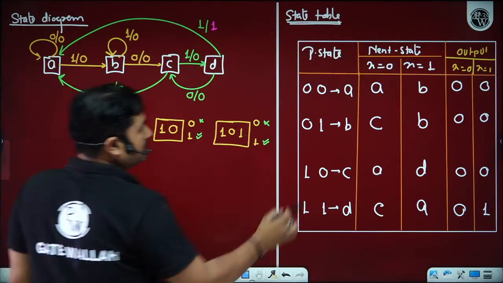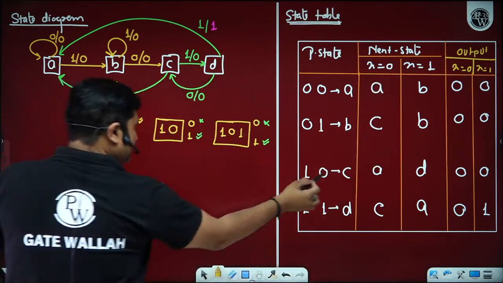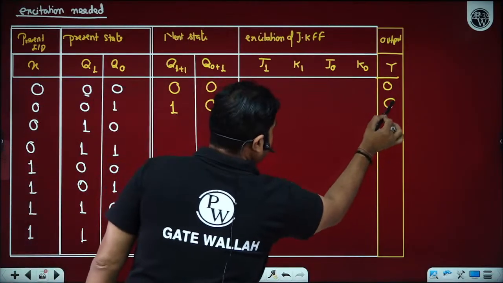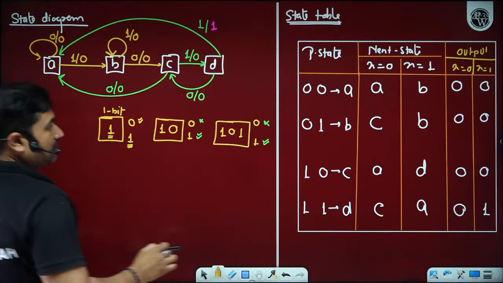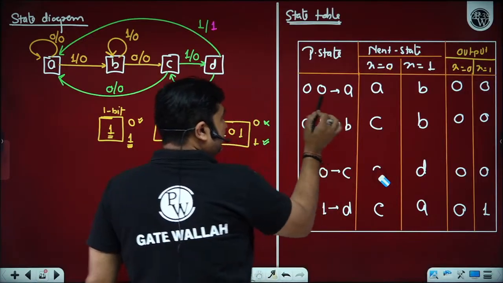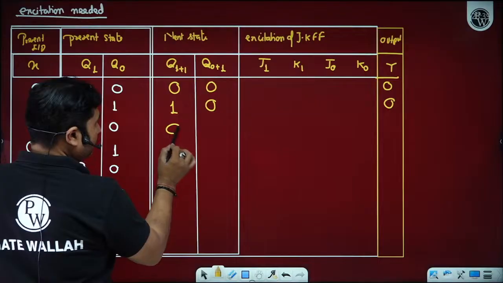Present state 10 with x equal to 0: next state A, meaning 00, output 0.